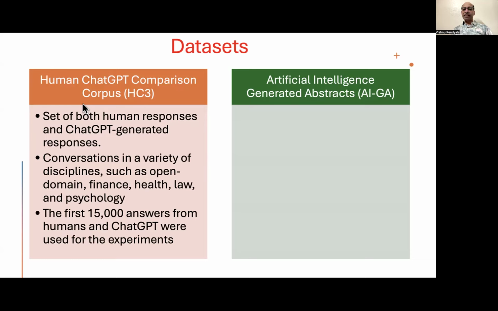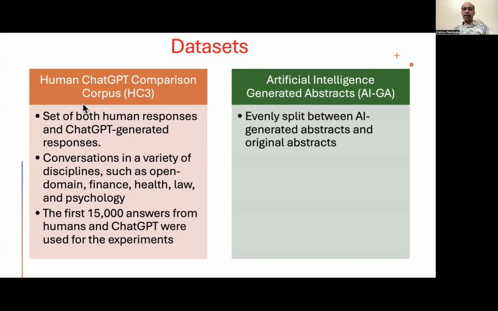And for the second data set, we used scientific paper titles and abstracts. The dataset Artificial Intelligence Generated Abstracts, AIGA, has both titles and abstracts, but we used only abstracts for our experiments.